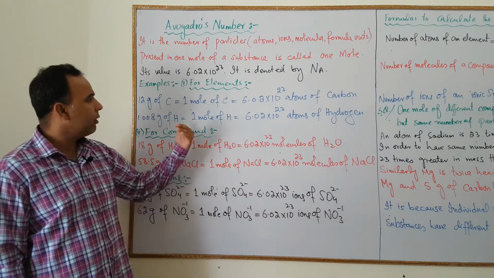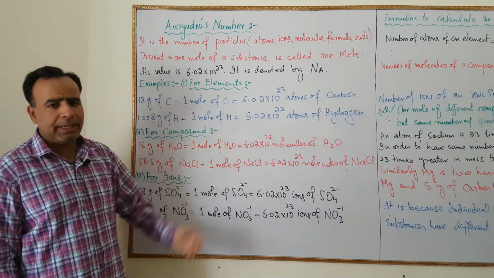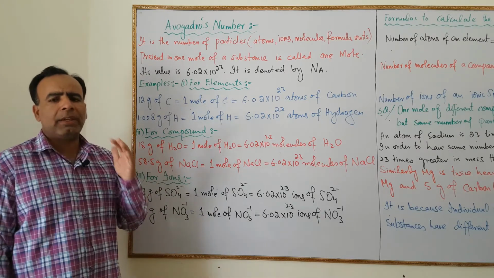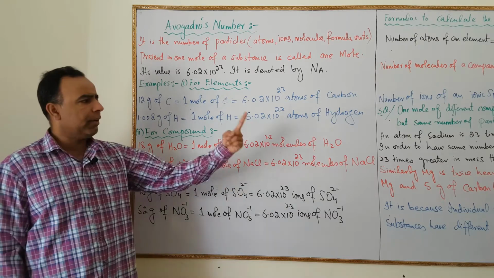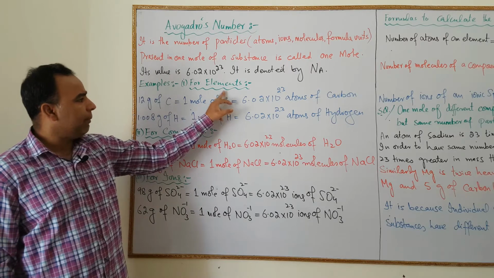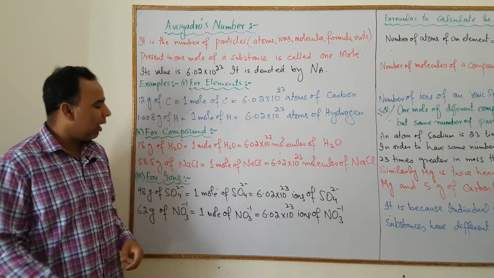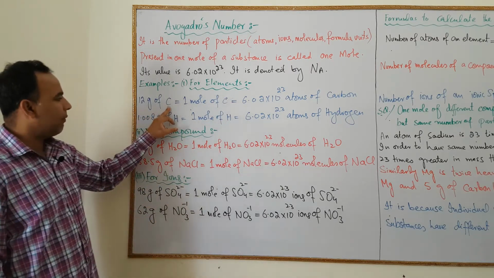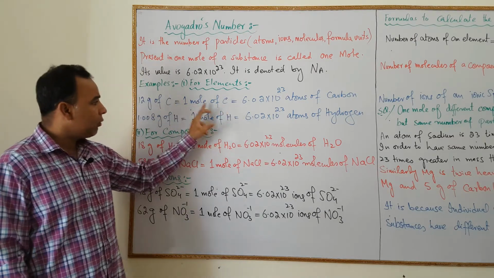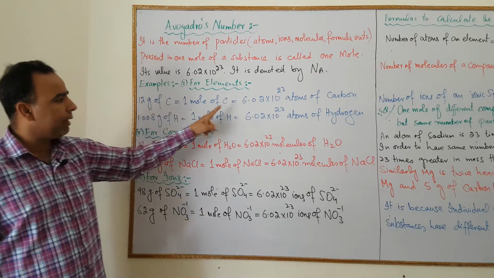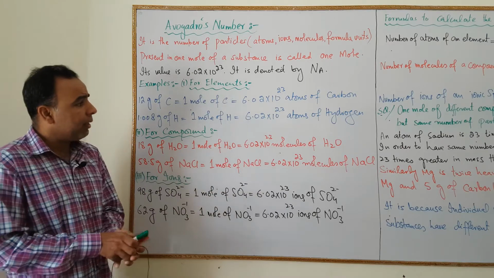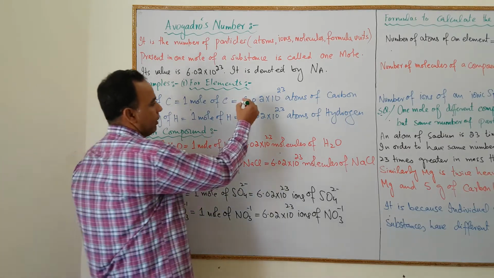Now, my dear students, I will explain it with the help of different examples of elements, compounds and ions and their formulas, and one short question as well. Now, in the case of elements, for example, 12 gram of carbon is equal to 1 mole, and this 1 mole of carbon is equal to 6.02 × 10^23 atoms of carbon.